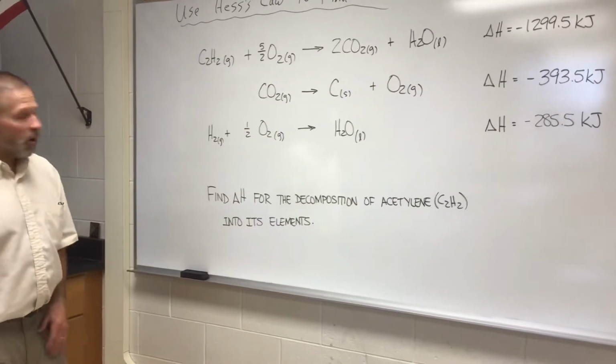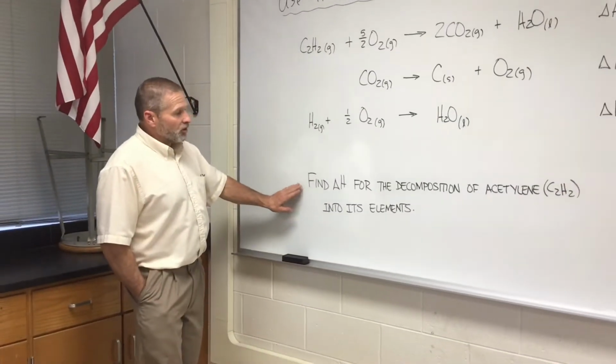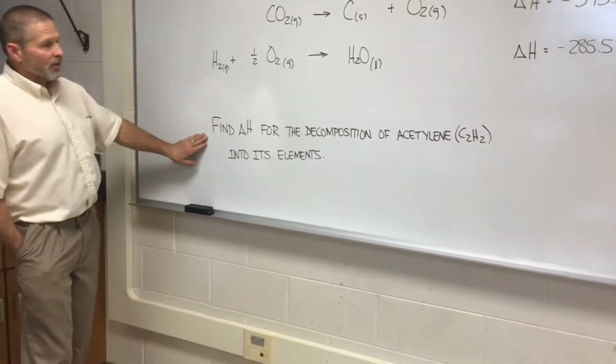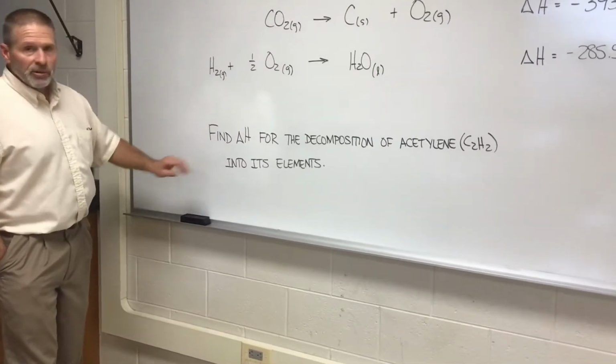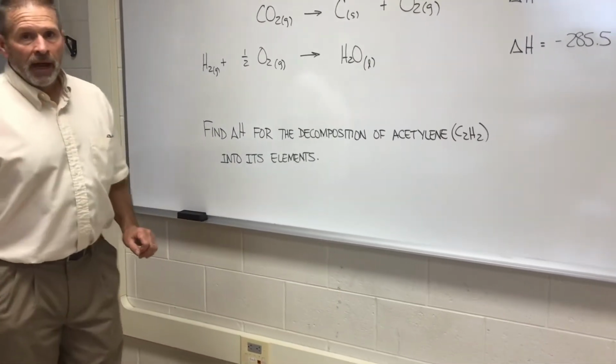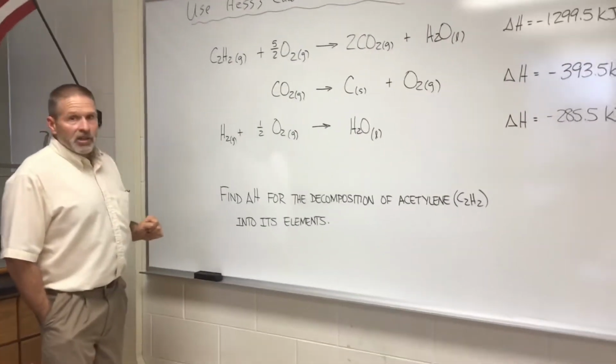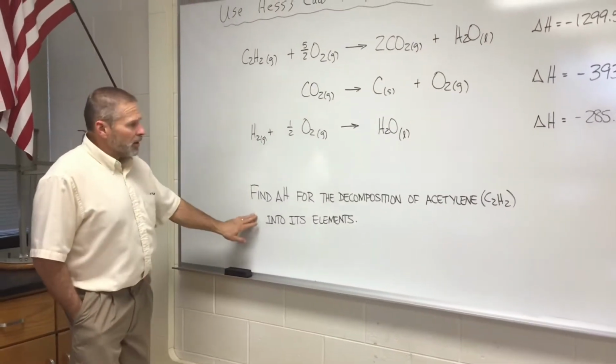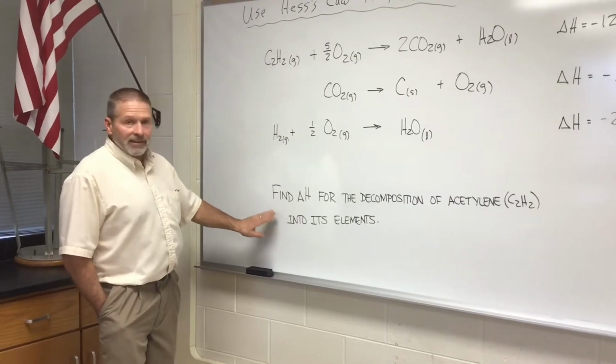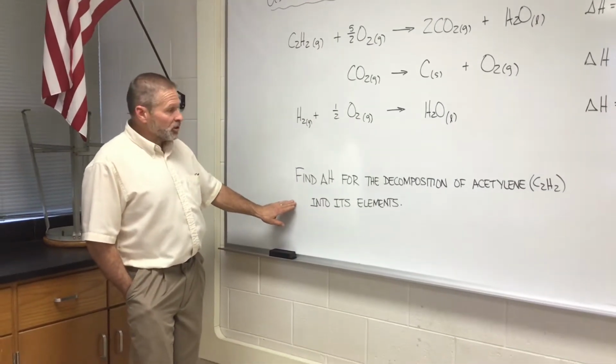So here's our goal. Find the change in enthalpy for the decomposition of acetylene into its elements. And then they're going to give us these thermochemical equations. The first thing we'd have to decide is, what exactly does this decomposition reaction look like?